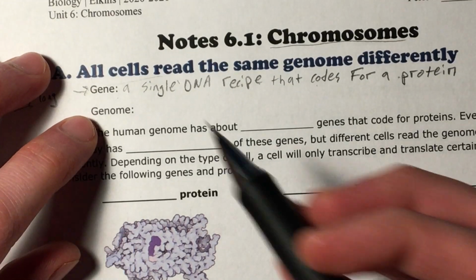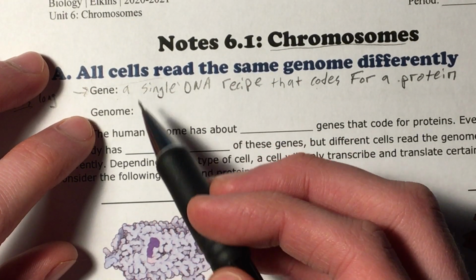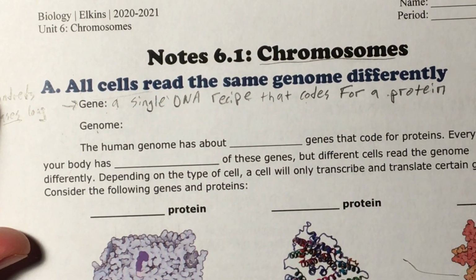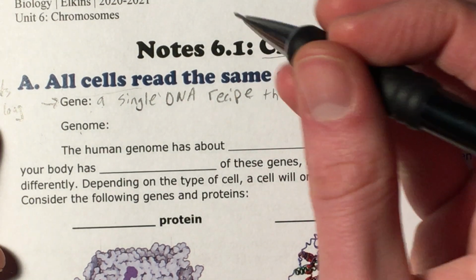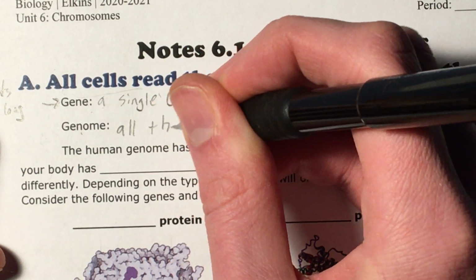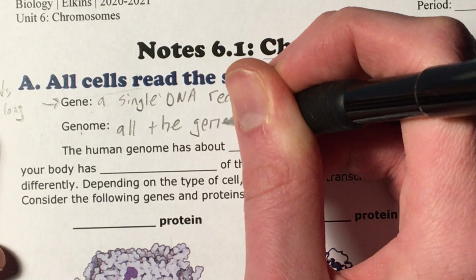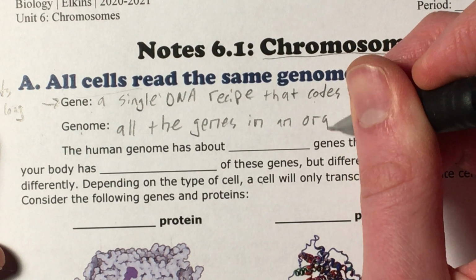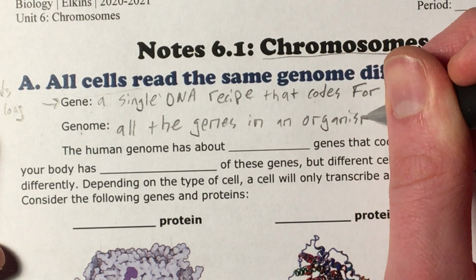Now, just like a recipe is found in a recipe book, genes are found inside of the genome, okay? The genome is just the collection of all the genes in an organism, in each of its cells.